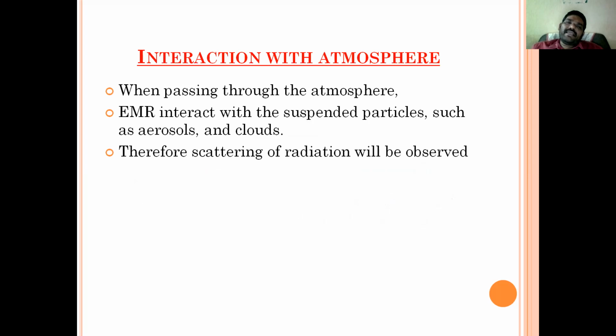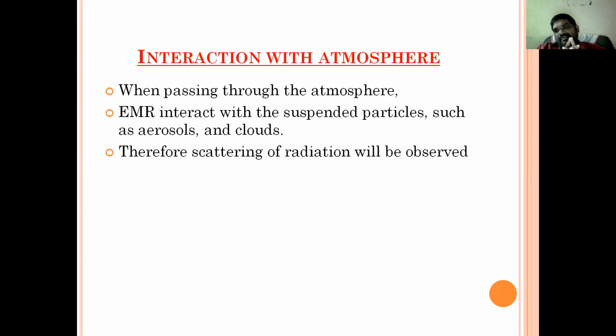Now we are here at interaction. In the previous class we discussed this interaction of EMR with the atmosphere. Why is the interaction required, and why is the EMR interacting with the atmosphere? Because the EMR has to pass through the atmosphere itself. How many times? Two times. Why two times?